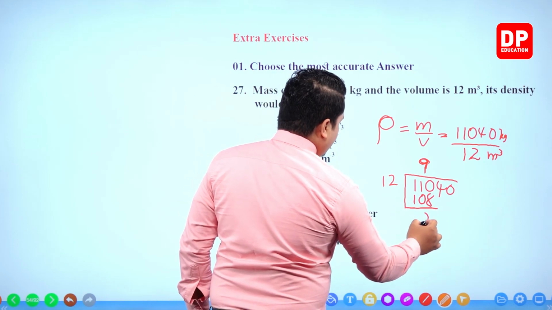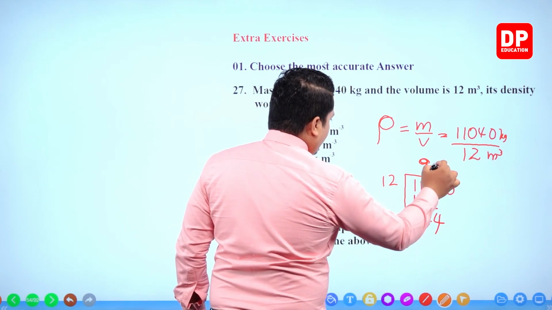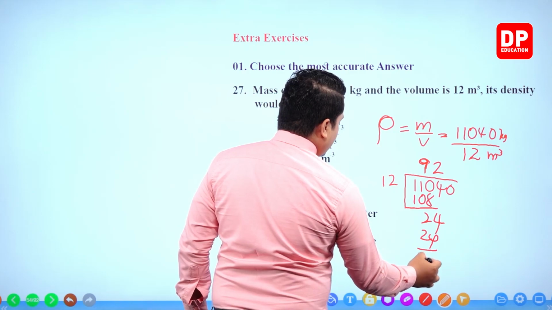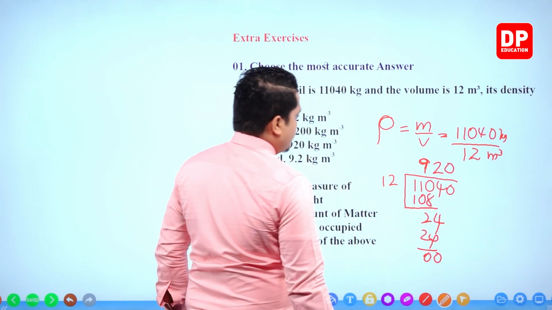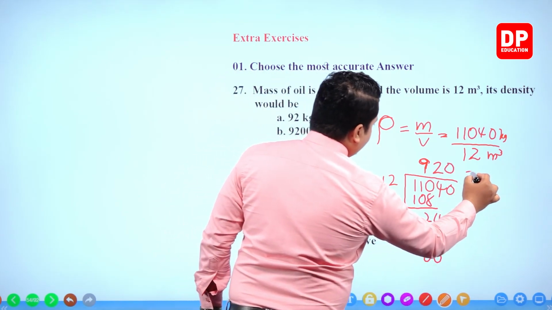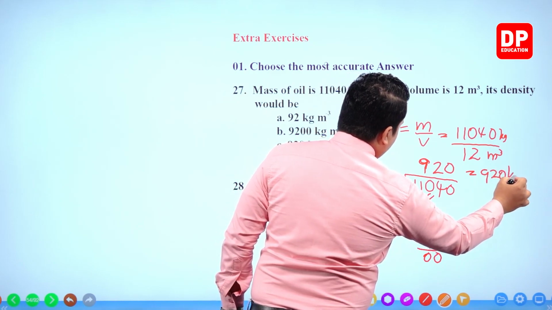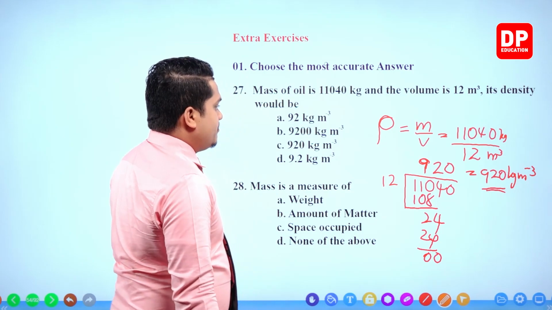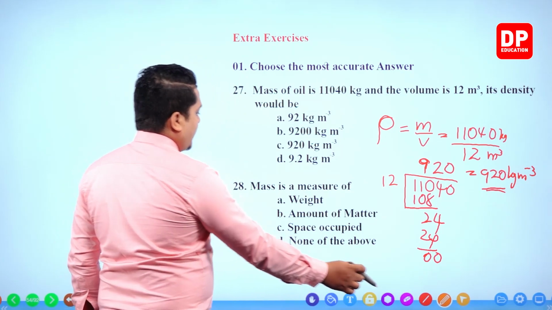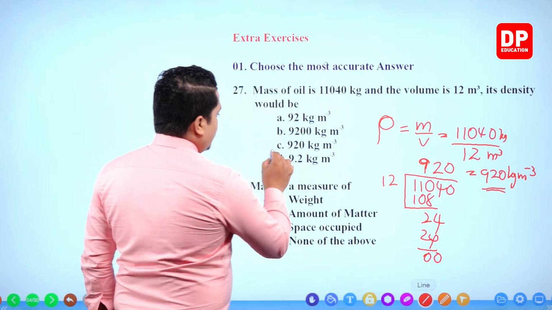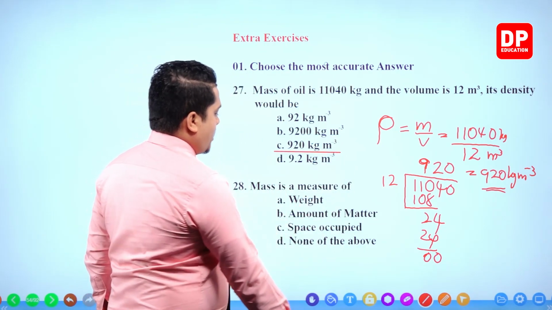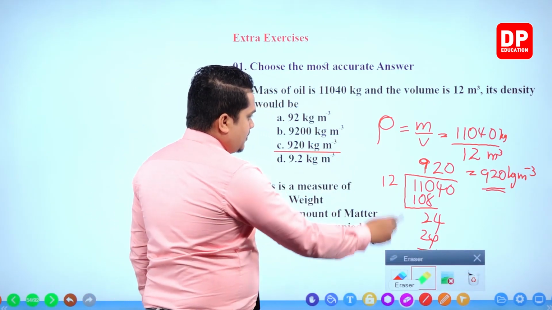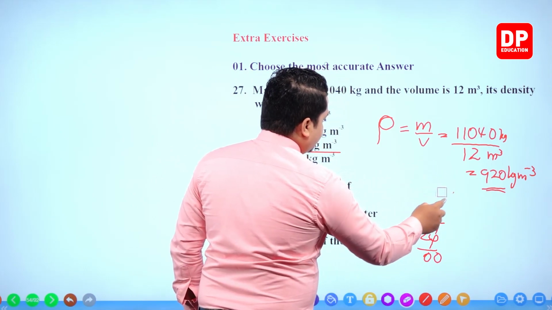So the remainder is 2. For 24 there is 2. 24, 0 for 0, 0. So 920 is the answer. 920 kg m^-3 or kilograms per cubic meter. 920 can be identified in the third response. 920. So I'll erase the workings.